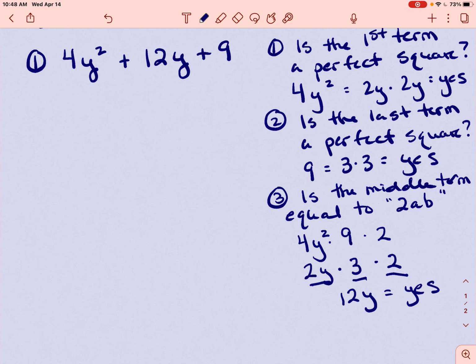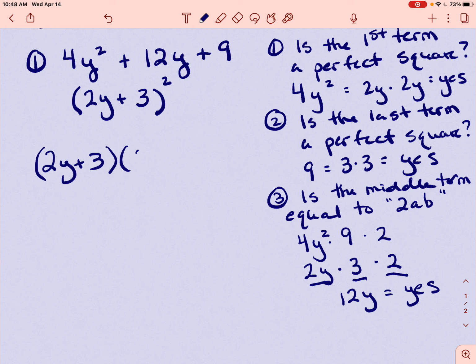So if you answer yes to all these questions, this is a perfect square trinomial, and I can factor it into this. All I have to do is get the square root of the first term plus the square root of the last term. And I would be able to see that this worked if I checked it with FOIL. And you can see where that saved me writing out the whole process. But if you didn't see it, you wouldn't die on this one.